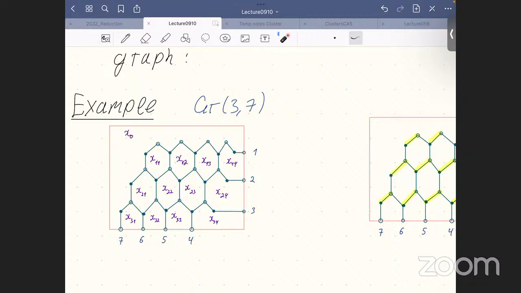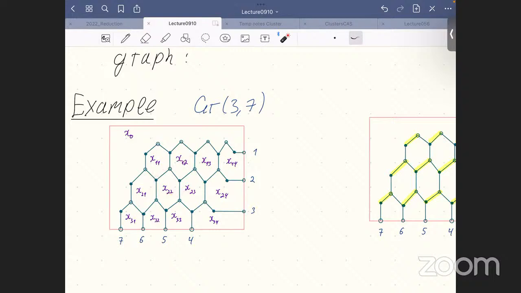In principle, you can shrink these two-valent vertices and get foregons on the boundary, but the picture looks clearer if all the boundary faces are hexagonal.